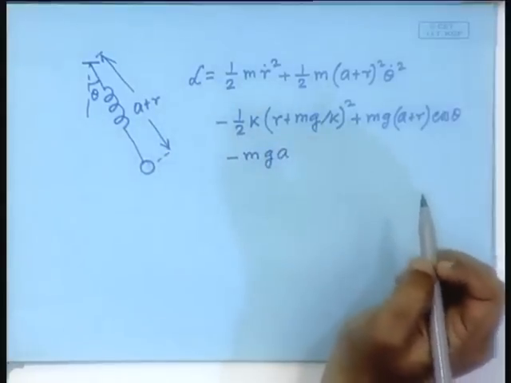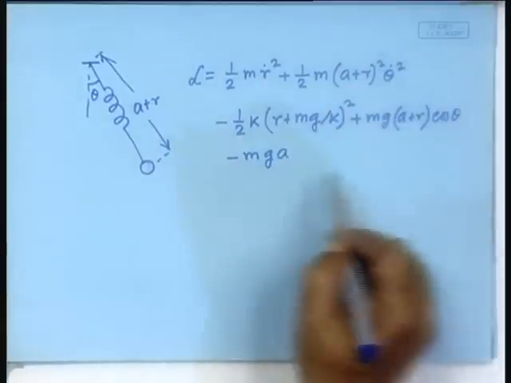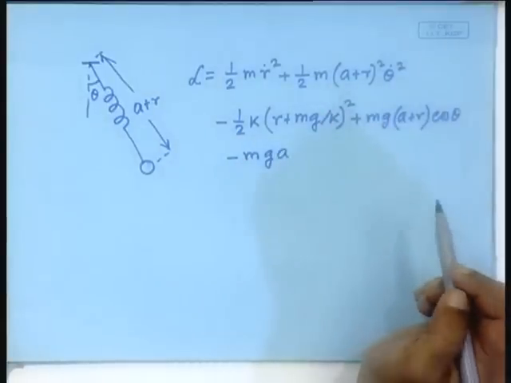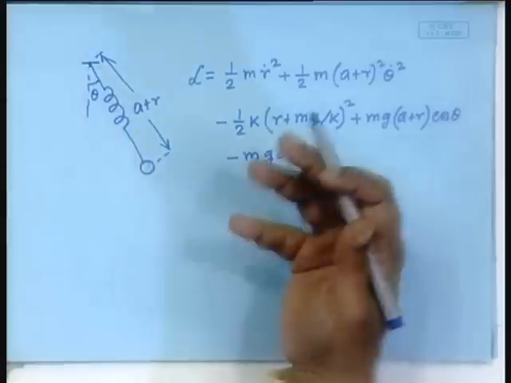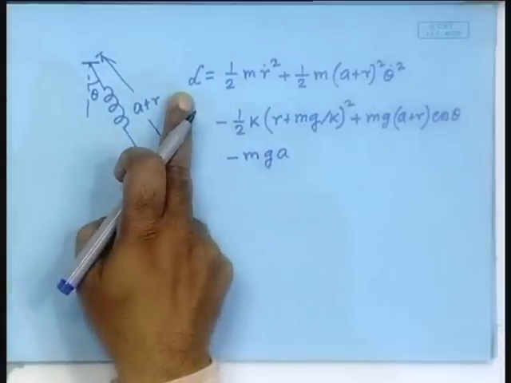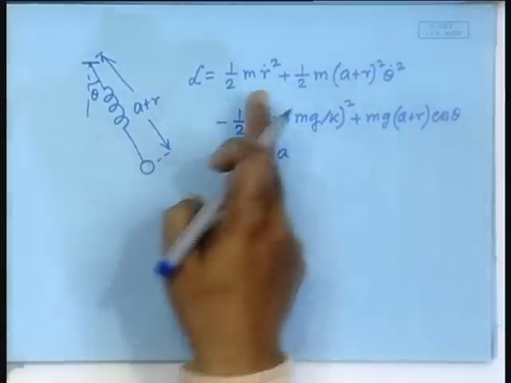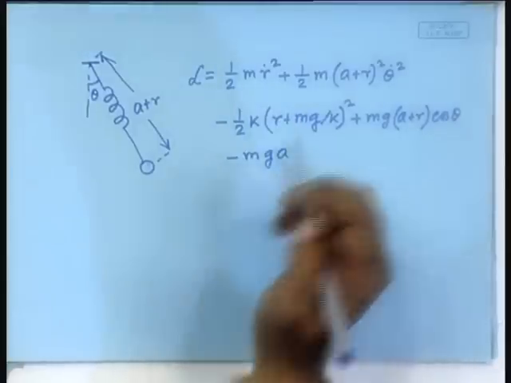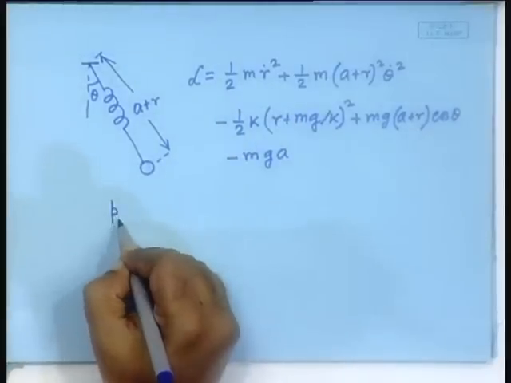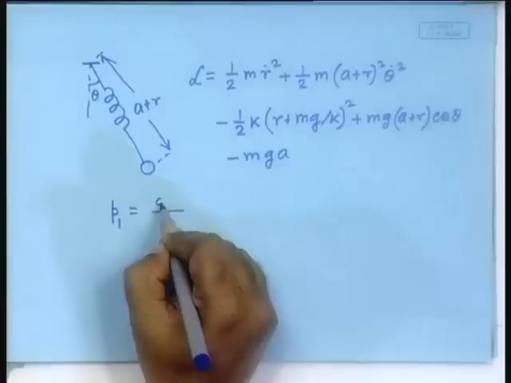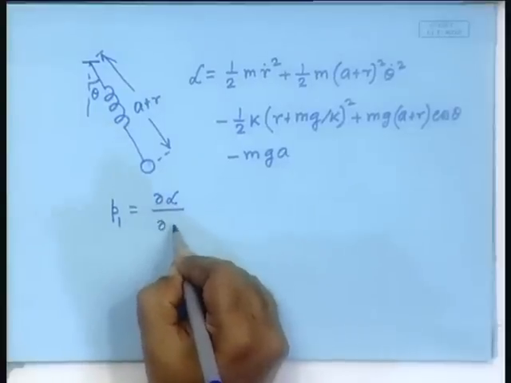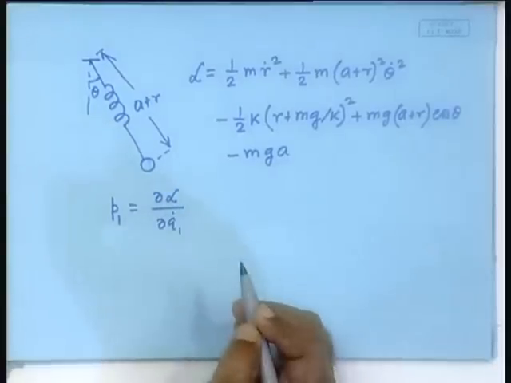Okay. So, this is the Lagrangian function, and then we know that the p_i is the derivative of the Lagrangian with respect to q_i dot, which is in this case r and theta. So, we will write p_1 is equal to derivative of the Lagrangian with respect to q_1 dot.